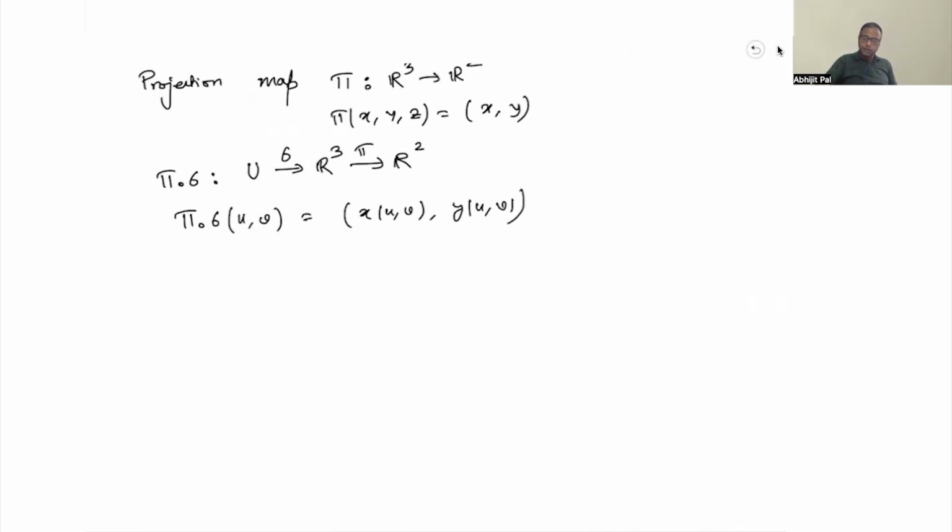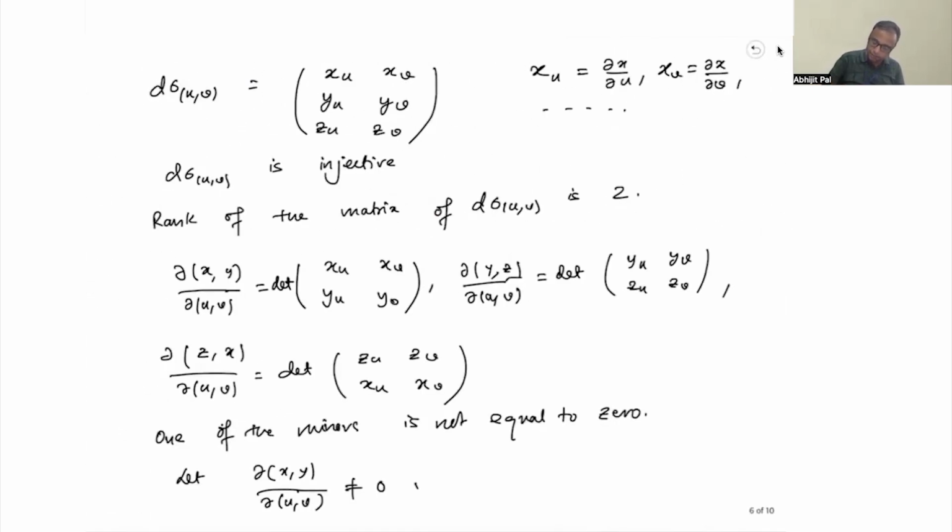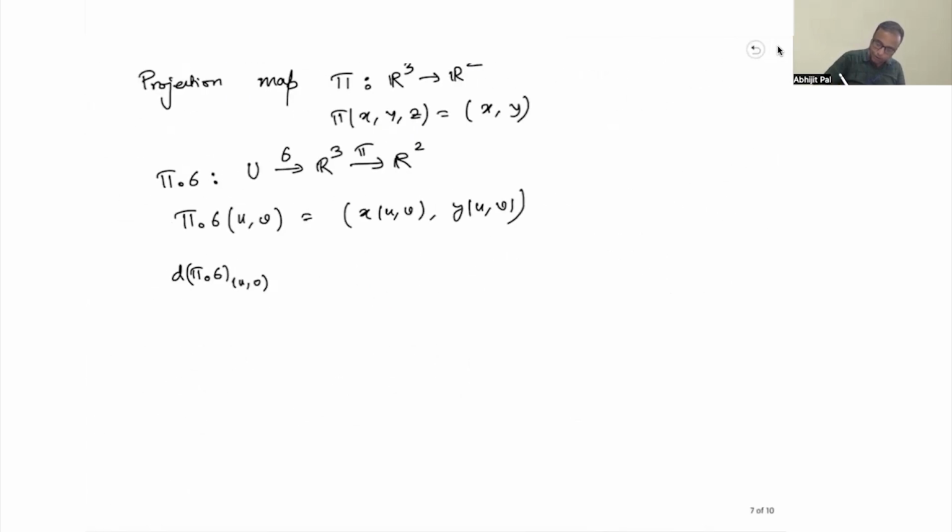All right, so the differential of this map at the point ub. Because we have assumed this, the differential of this map will correspond to this matrix.